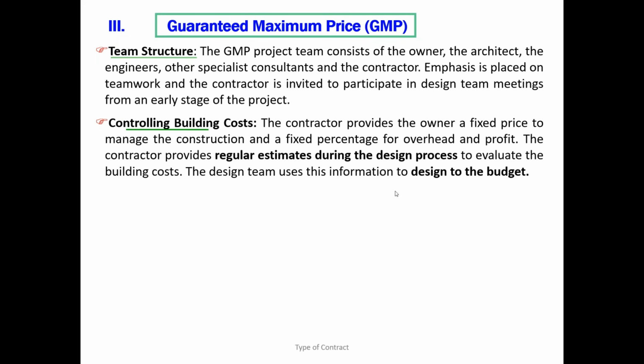Including the profit and overhead fixed fee, 80 million he has done, but the target cost was 100 million. How much will you pay the contractor? He will get up to the 80 million cost reimbursement, not more than that. Now the contractor finishes the work at 85 million, including the overhead and profit. Now how much will you pay? 85 million.